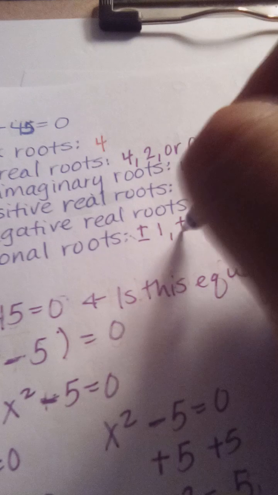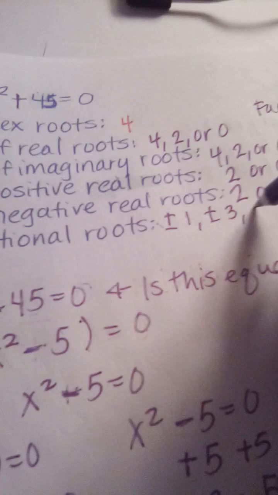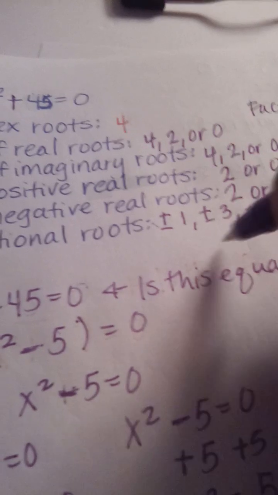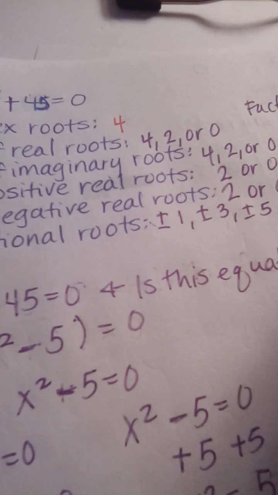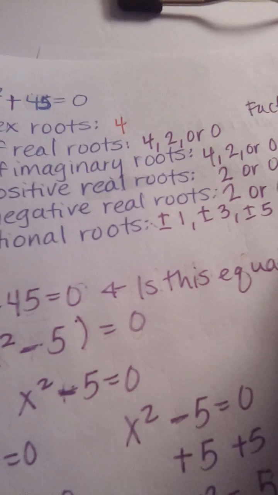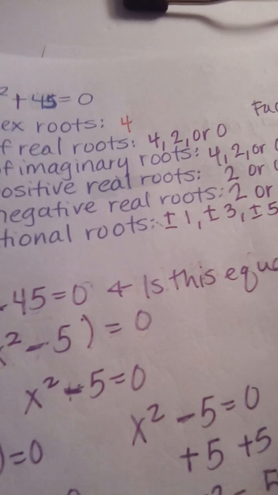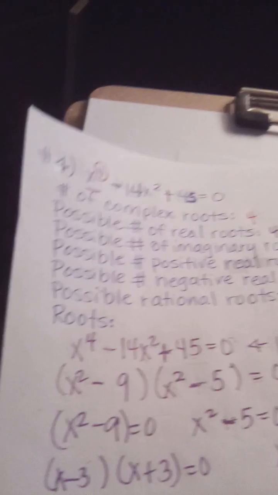Then we have plus or minus 1, plus or minus 3, plus or minus 5, plus or minus 9, plus or minus 15, plus or minus 45. That is 1, 2, 3, 4, 5, 6 possible rational roots.